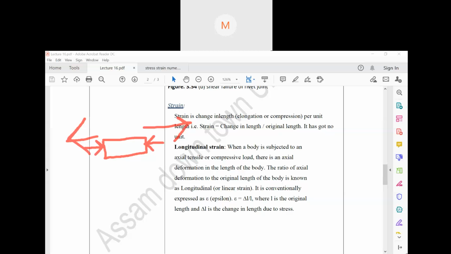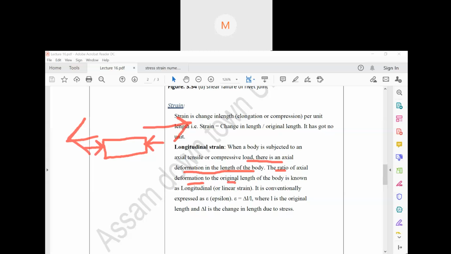So what happens once load is applied to a body? There will be some deformation in the length of the body, right? So the ratio of axial deformation to the original length of the body is known as longitudinal or linear strain.